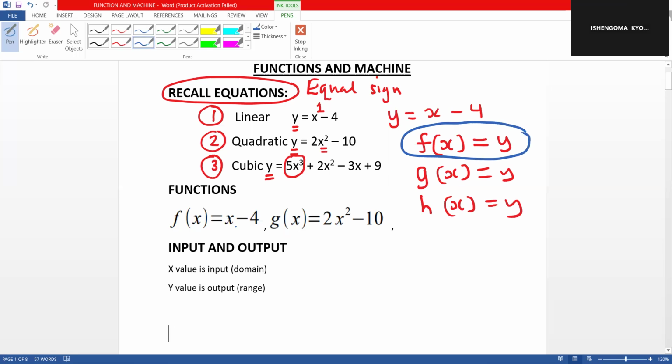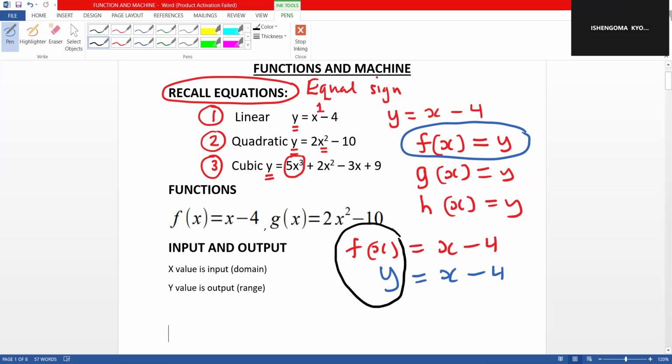So as you can see here, the previous function f(x) is equal to x minus 4 is the same as the equation y is equal to x minus 4, because any function is always equal to y.